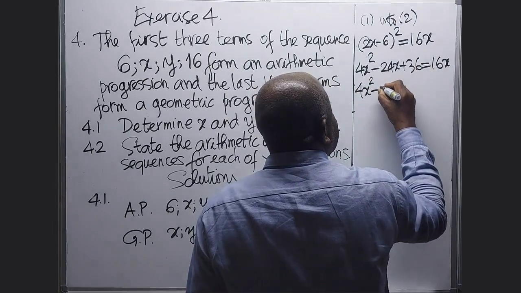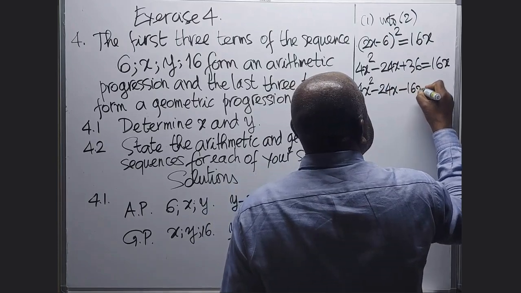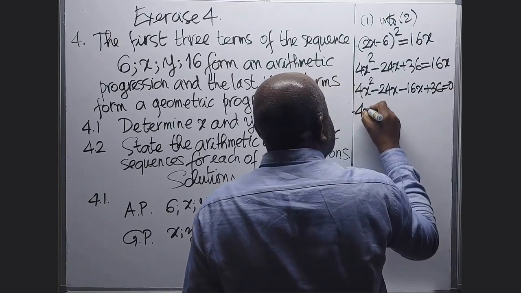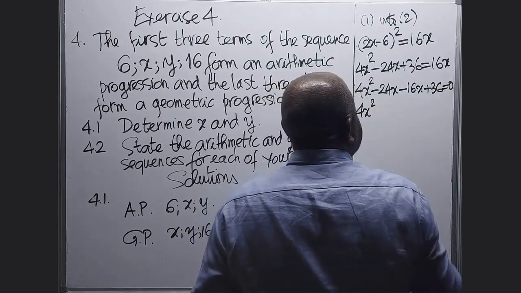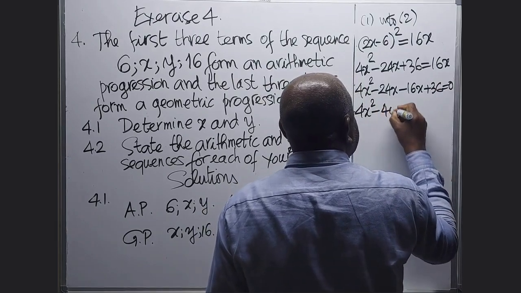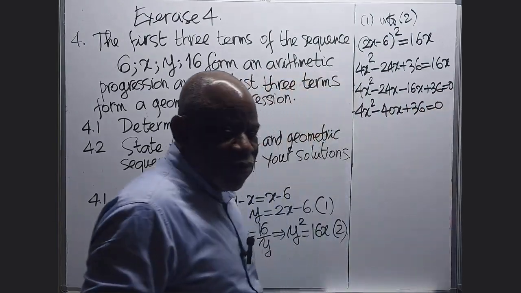4x squared minus 24x minus 16x plus 36 is equal to 0. So we get 4x squared minus 40x plus 36 is equal to 0.